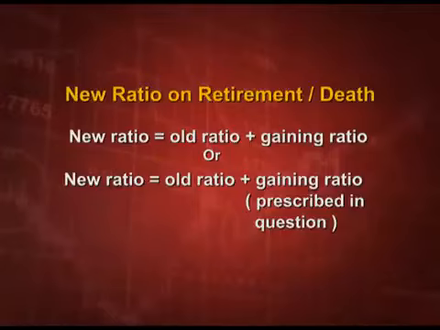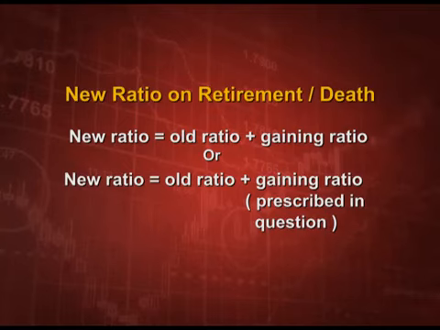That is, old ratio plus whatever they have gained on the retirement or death of that partner. So, we can say new ratio is equal to old plus gaining, or old plus the gaining ratio prescribed in the question itself. Sometimes you are given the new ratio, then you can calculate the gain.